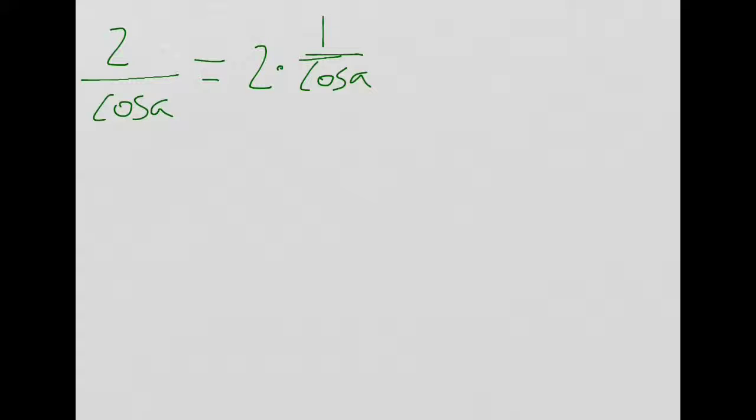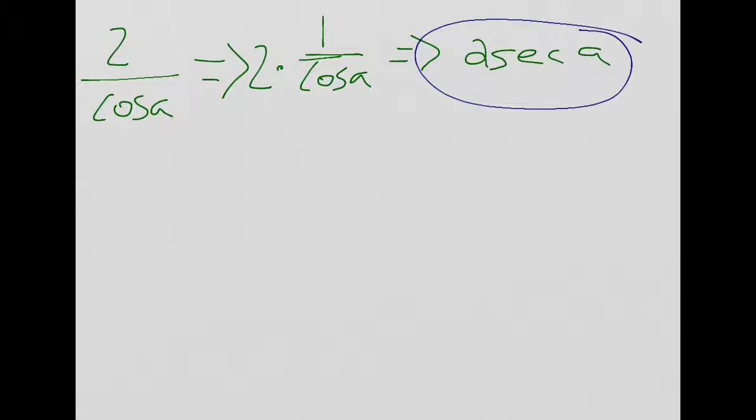That's exactly what this means. 2 over cosine A means the same thing as 2 times 1 over cosine A. How can I rewrite 1 over cosine A? Secant. So it would be 2 times secant A. Is that what I wanted in the beginning? Yes, so that's verified.